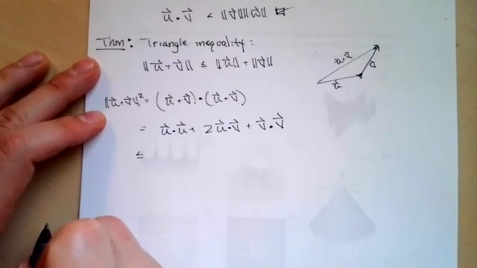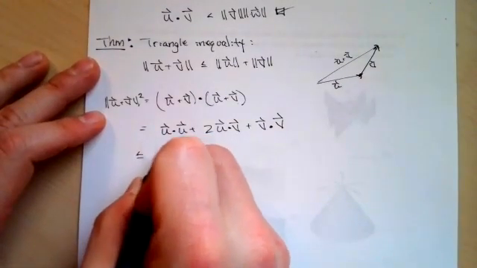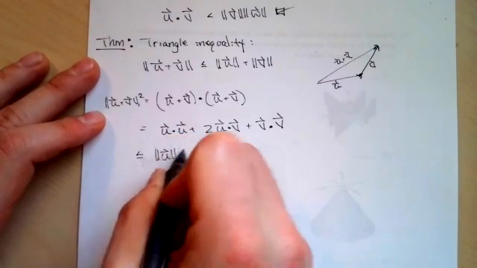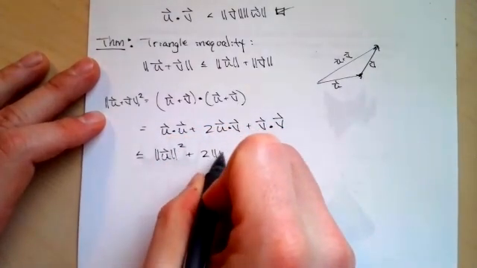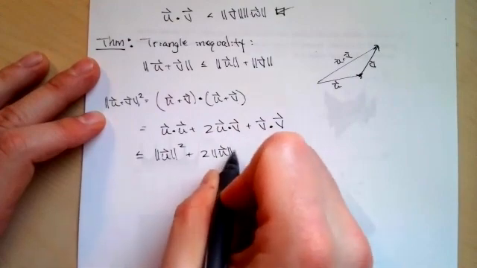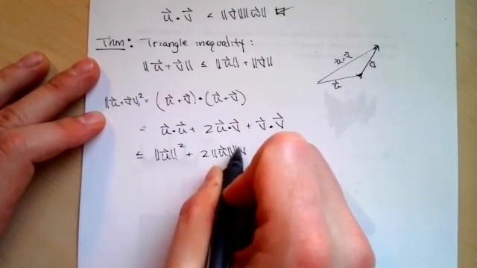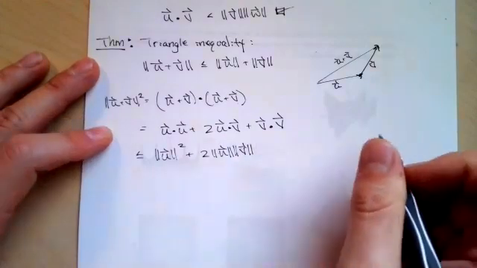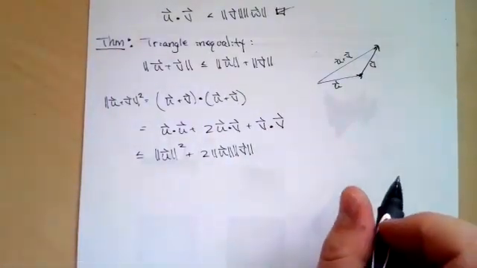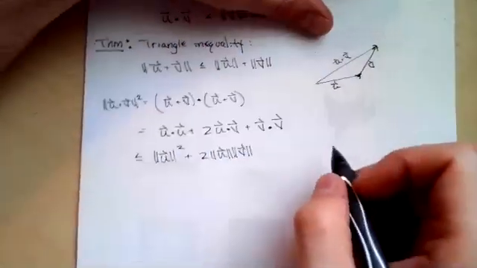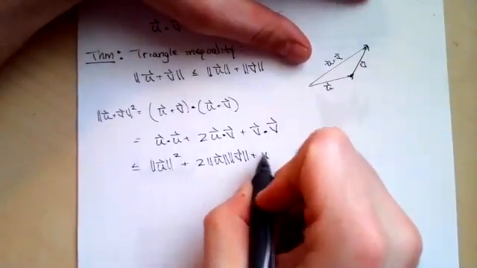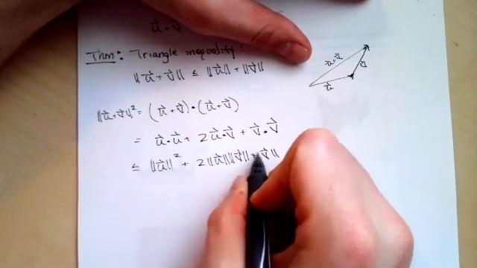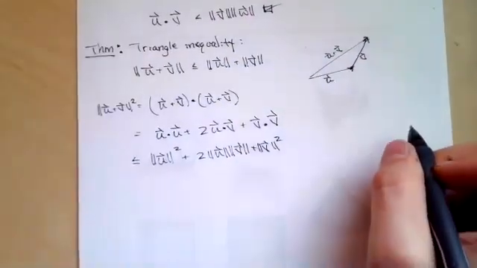And by our Cauchy-Schwarz inequality, we know that this is going to be less than or equal to norm of u squared plus 2 times norm of u times norm of v plus v dot v, or norm of v squared.